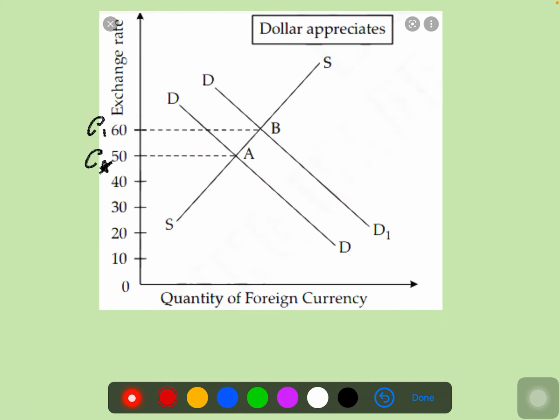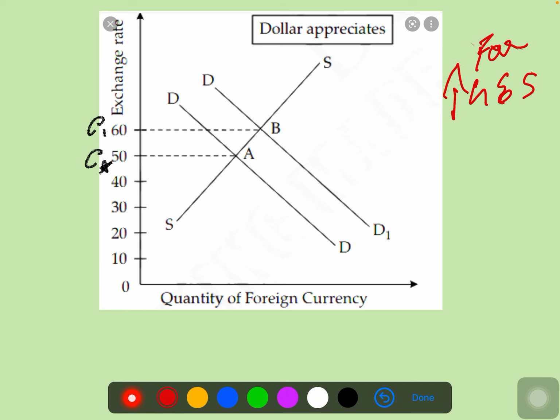Now I am going to come up with an example, so please try to understand. Suppose the demand for foreign goods and services is increasing.